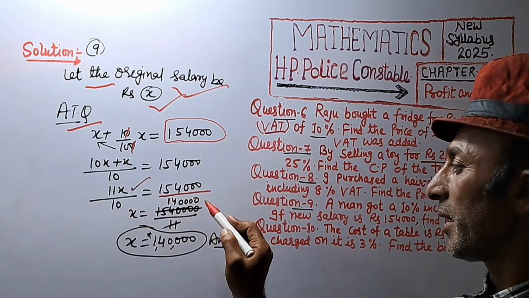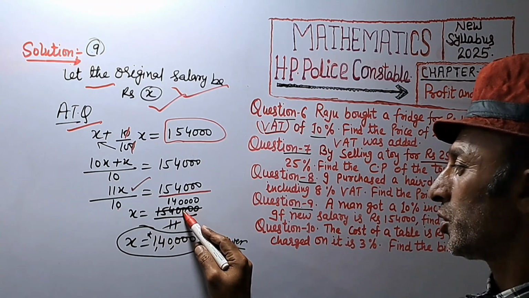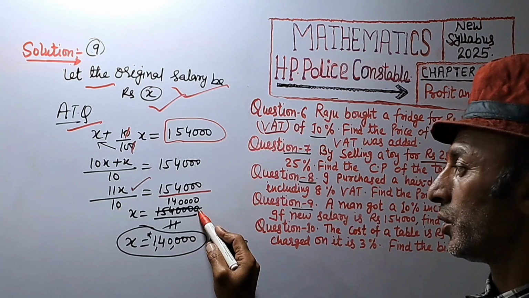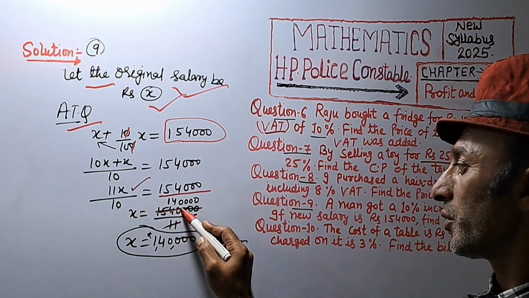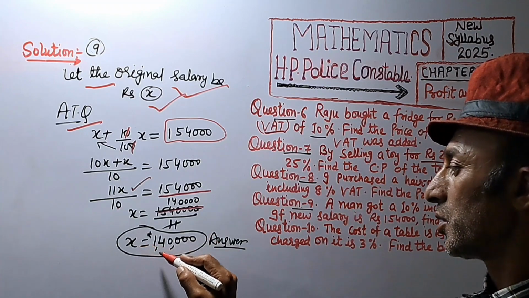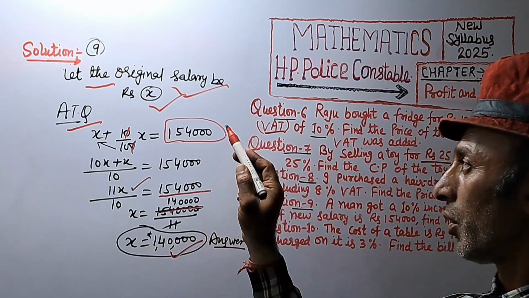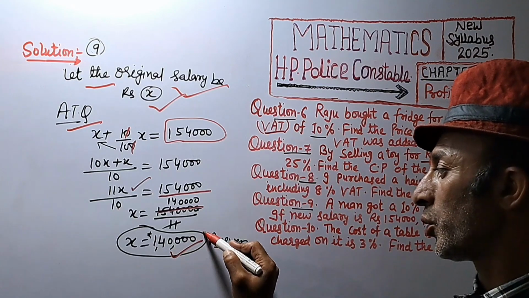And 10 multiplied by the right side, then 154,000 and 10 divided by 11, that is 1,40,000. So x is equal to original salary be 1,40,000 rupees.